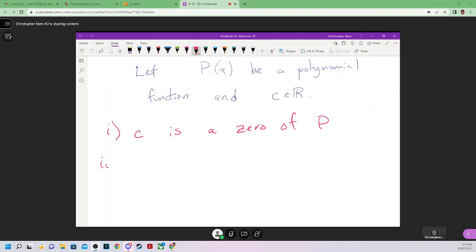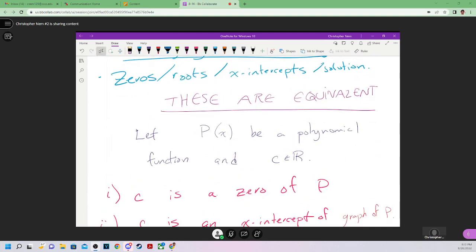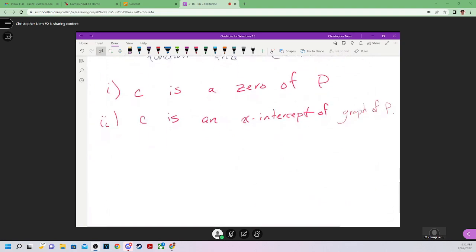Well, if that is true, we can also say C is an x-intercept of the graph of P. So if we have a 0, that is also your x-intercept, which we have synonymous terms for the word 0. So that's also saying if we have a solution, if we have a root, any of those things.